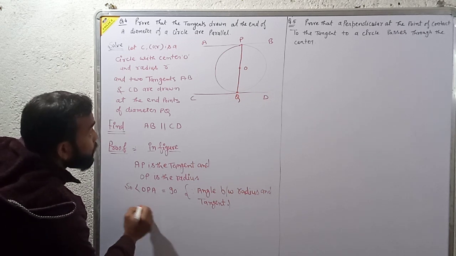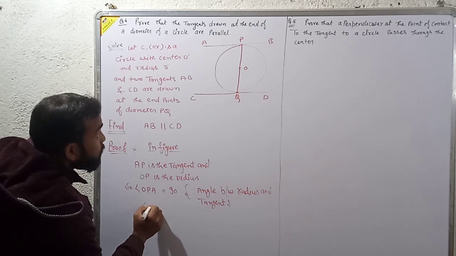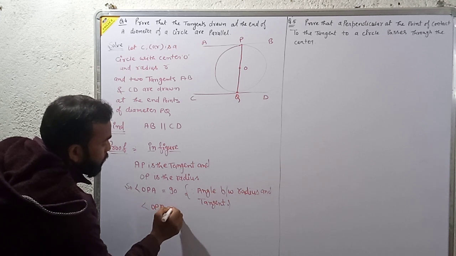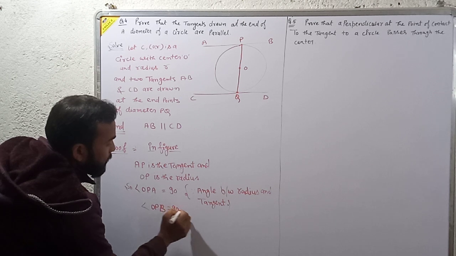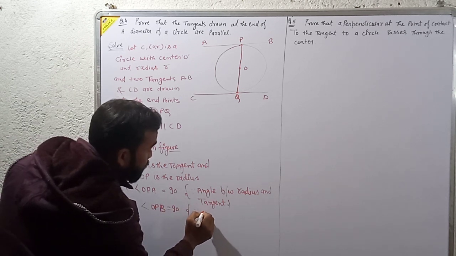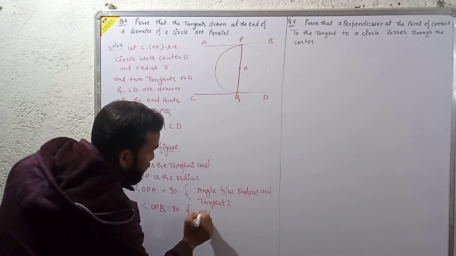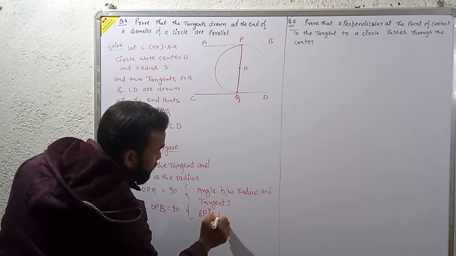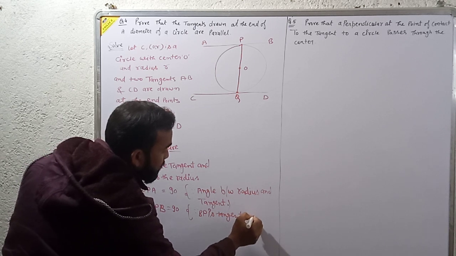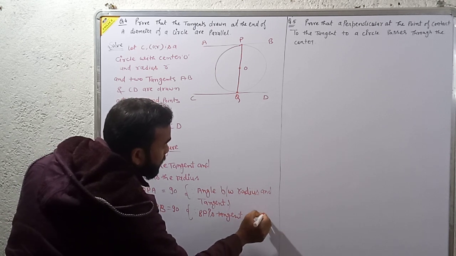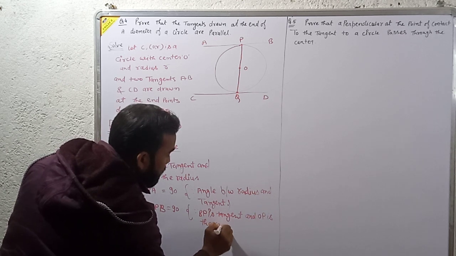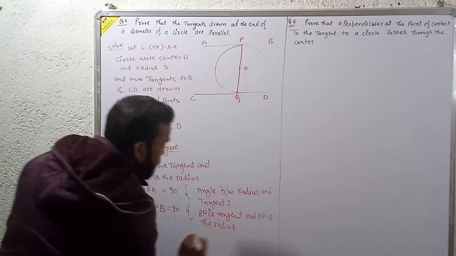So angle OPB is equal to 90 degrees, since BP is a tangent and OP is the radius.